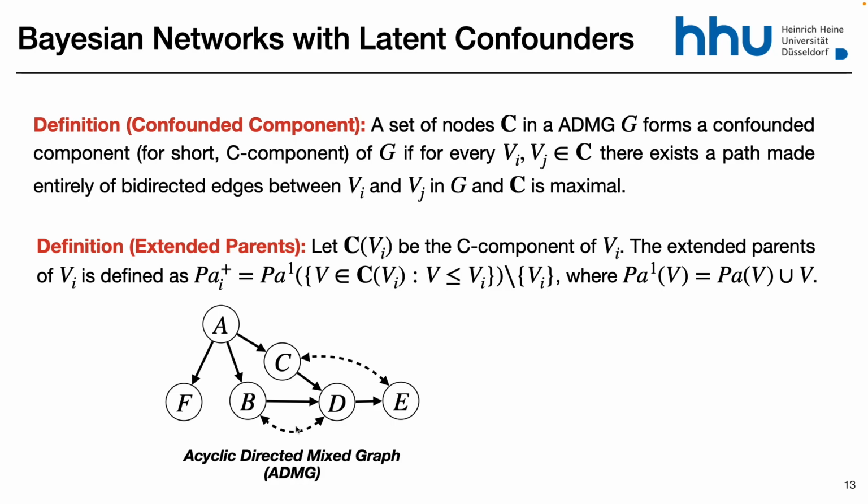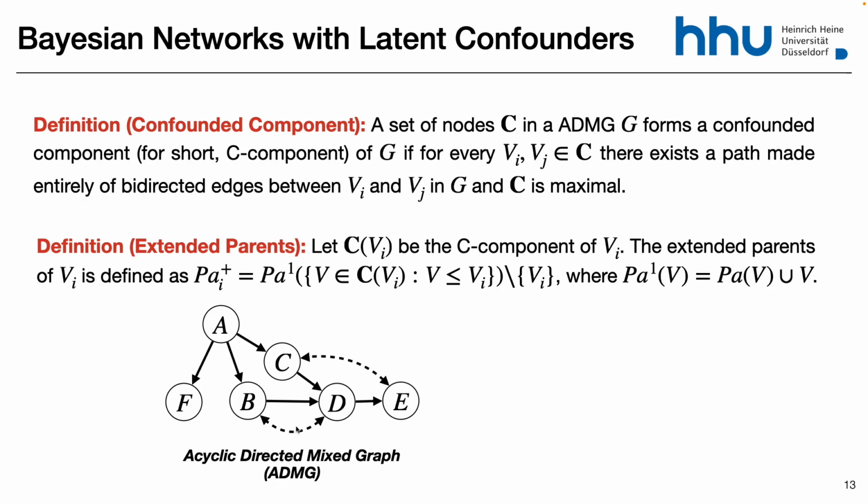So, a set of nodes, a set C. Since we are in the case of latent confounders, we have bidirected edges, right? So we are no longer talking about DAGs. We are now in the acyclic directed mixed graph, right? It's another object here. It's just a graph, nothing else, but it has mixed types of edges.